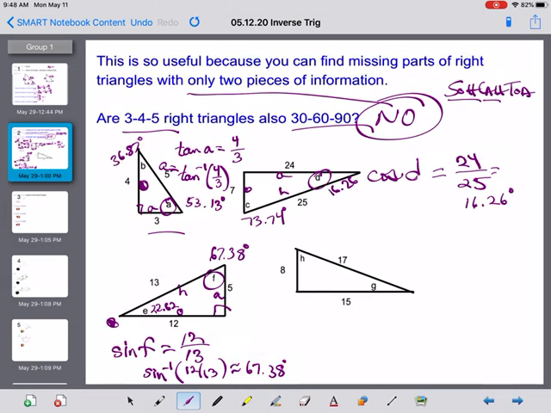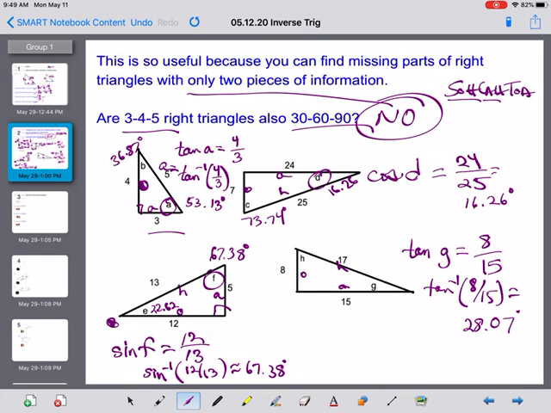Okay, do the last triangle now. Just so we're all doing the same thing, let's use tan of G. Pause the video, set it up, find the answer. Okay, so tan is opposite over adjacent leg. So the inverse tan of 8/15 equals 28.07.